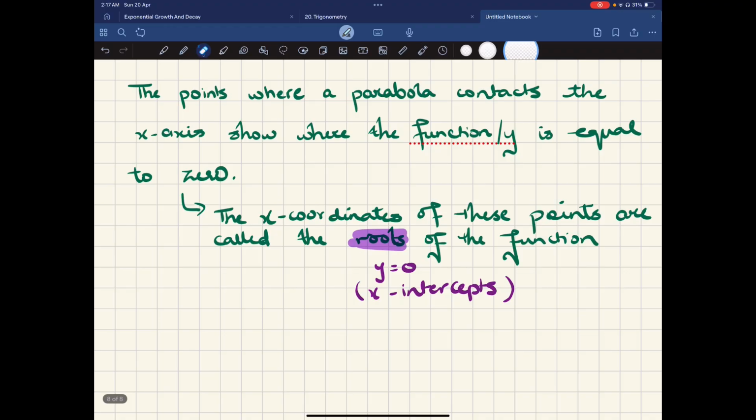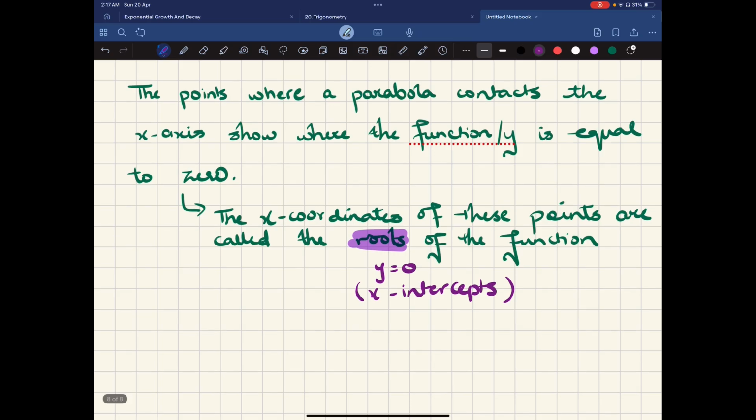Now, I'm also assuming and hoping that all of you are able to express a quadratic expression into completing square form, right? Because that is how we are going to find the minimum and maximum values of quadratic expressions.